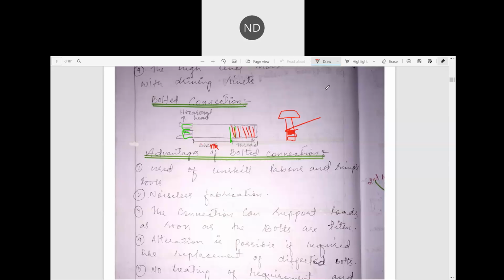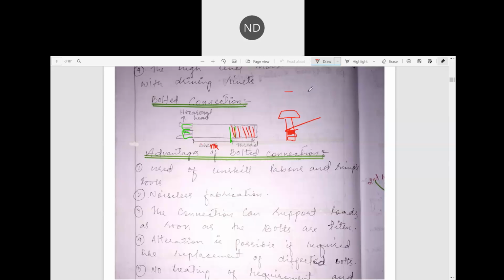But at that time, since it is preheated, its strength is lesser. The steel is still hot, and when it is hot, it is too ductile. So when the load falls, it may give some different shape to your plates or the connection. But in the case of bolts, since there is no preheating, these things are not there. So your connection can support the loads as soon as the bolts are tightened.